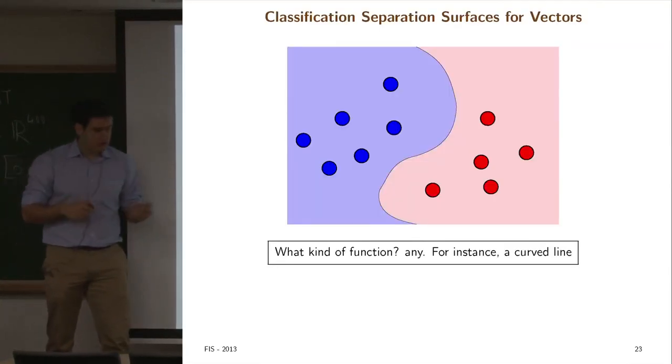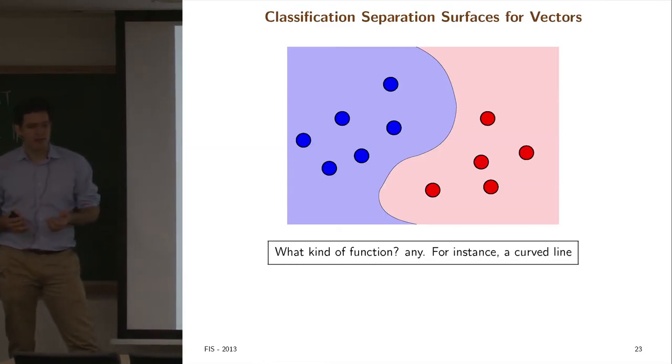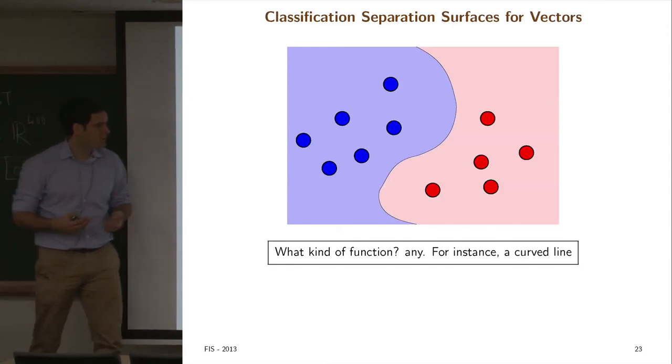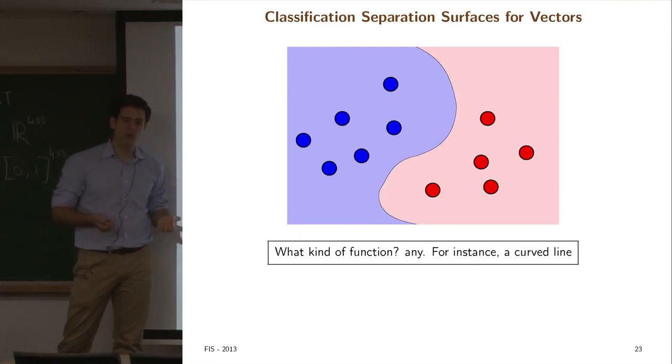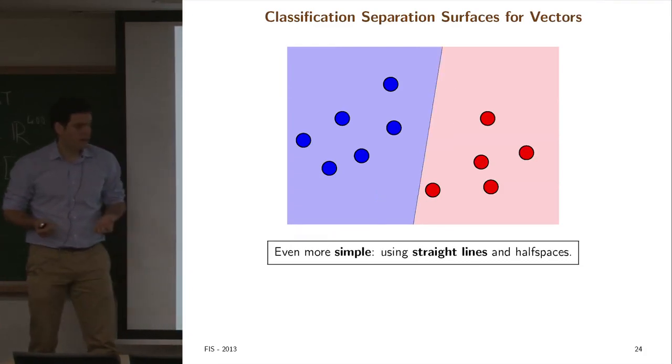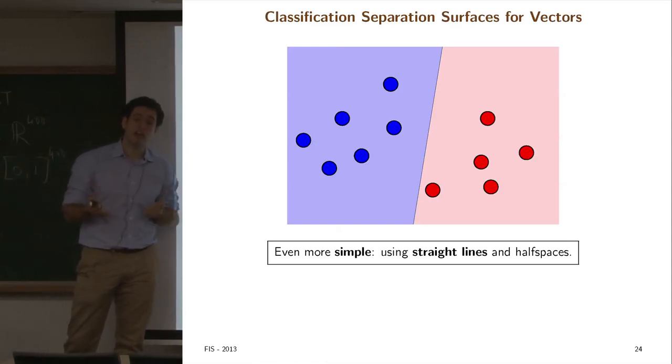Of course, it would be very difficult to try to consider very, very weird functions. Well, it's not necessarily difficult, but just as with the linear regression case, usually what we try to do is at least consider functions that are regular enough, and what can be more regular than a linear function. So this is what people call linear classification.